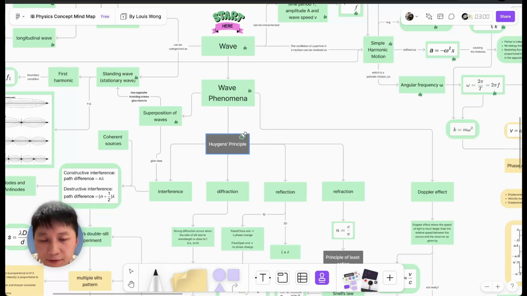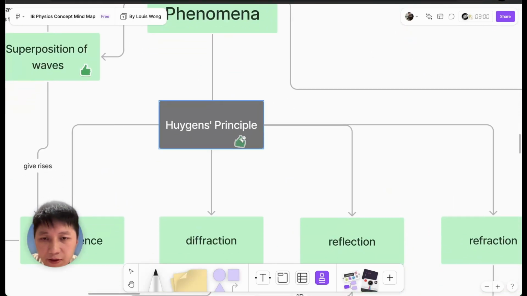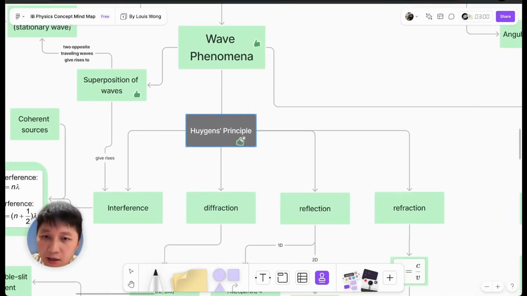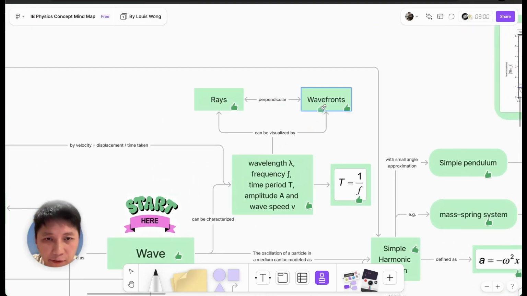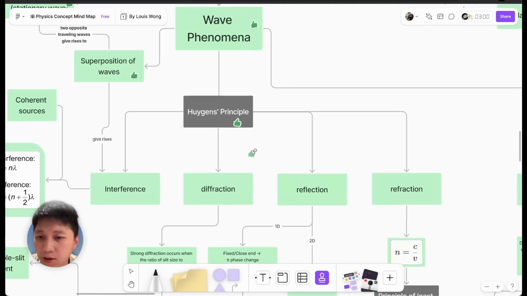We have something so fundamental and so interesting called the Huygens principle, and if you're interested you can search online, but as you can see I indicated it as gray and it is not required in our IB syllabus. Basically it is considering the wavefront. As you remember, just now we talked about wavefront, which consists of a series of circular waves.